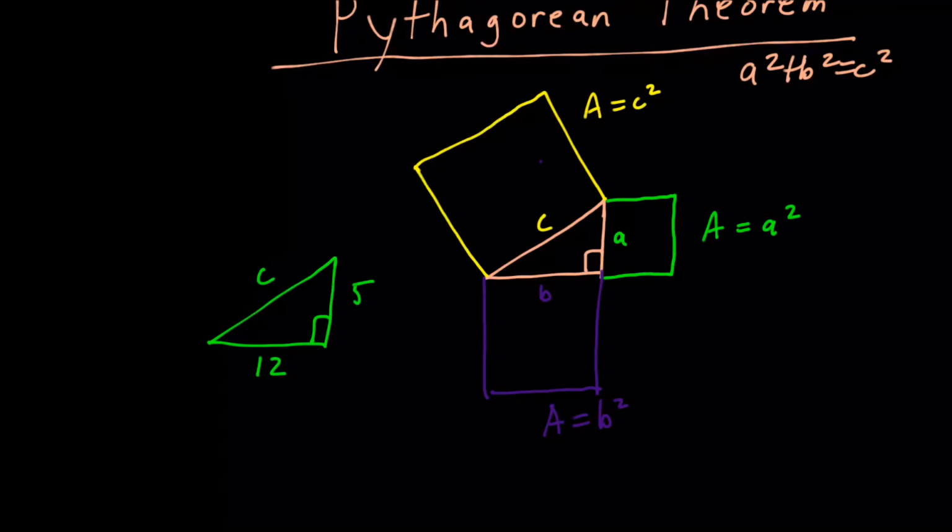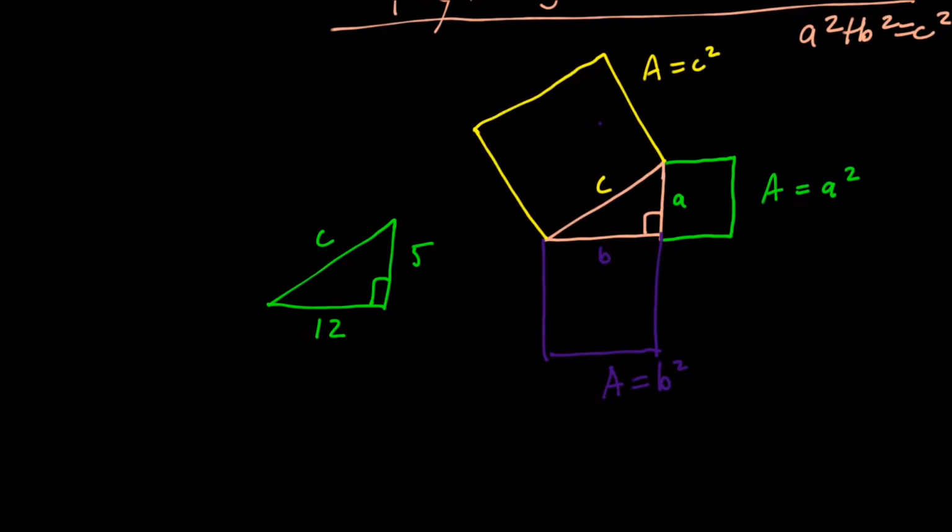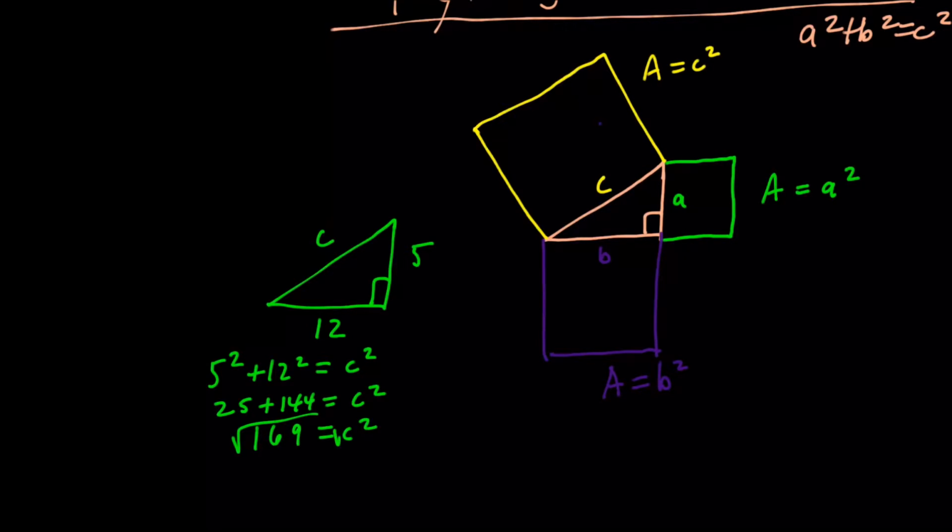So we just use our formula: a squared plus b squared equals c squared. So we get 5 squared plus 12 squared equals c squared. 25 plus 144 equals c squared. 169 equals c squared, and then we take the square root of both sides. We get 13 equals c. So c equals 13.